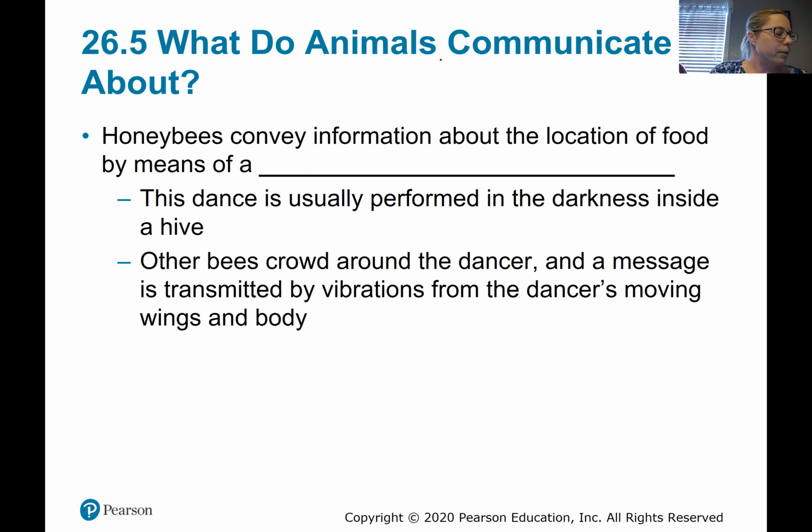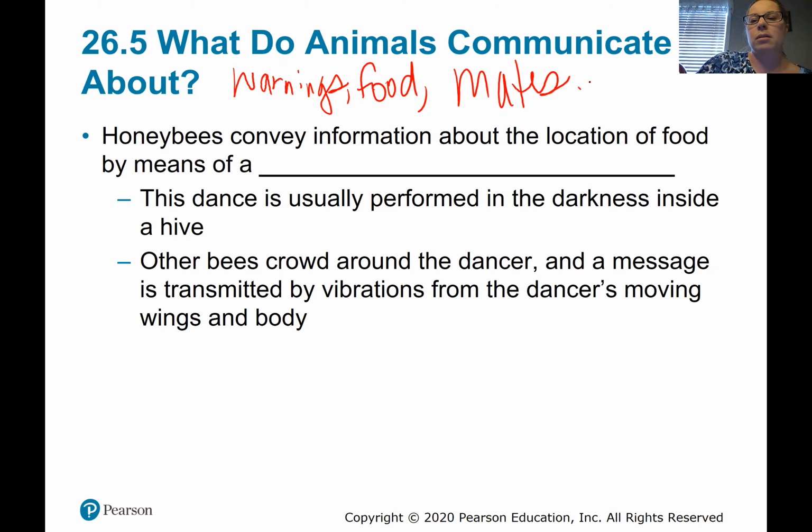Okay, so the next section talks about what the animals communicate about. And a lot of times it is warnings, as we saw, locations of food, things like that, water, locations of mates.